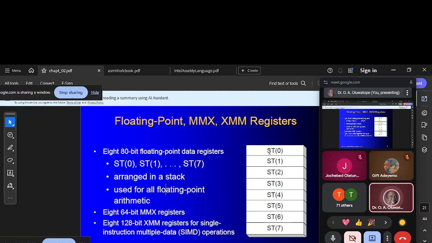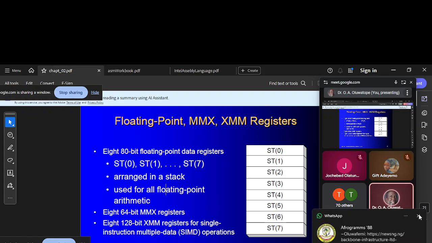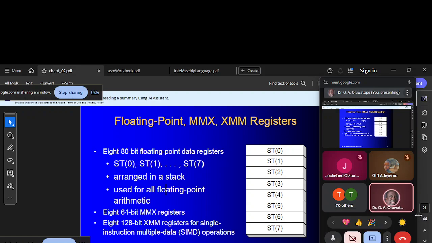And then they are arranged in a stack. What is a stack? A stack is a data structure. When you get to data structures, you'll be taught that it is a memory that has only one entry and one exit. What do I mean by that? You make entry and exit through the same door. It means you cannot perform the two operations at the same time.